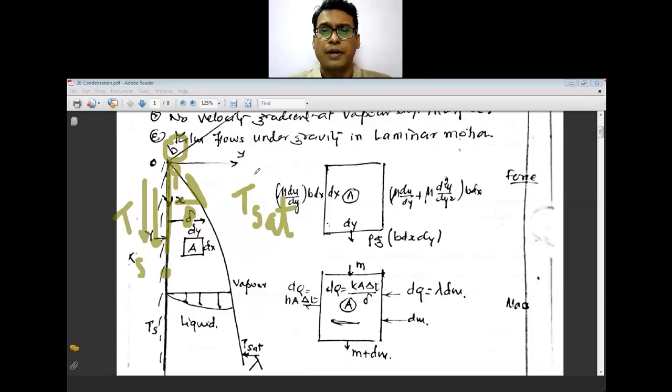The vapor temperature is the saturation temperature and Ts is the surface temperature. So the resistance because of this metal plate is neglected, and so the inside temperature of this plate is also assumed to be Ts.